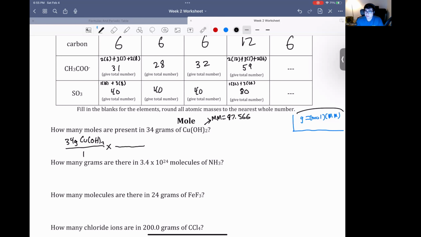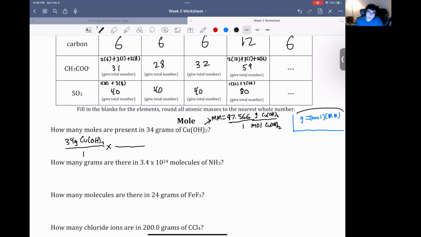All right, now all I have to do is, and this isn't, sorry, in grams per mole, but to be more specific here, right, this is grams of copper hydroxide, copper 2 hydroxide, per 1 mole of copper hydroxide. So for every mole of copper 2 hydroxide you have 97.566 grams.